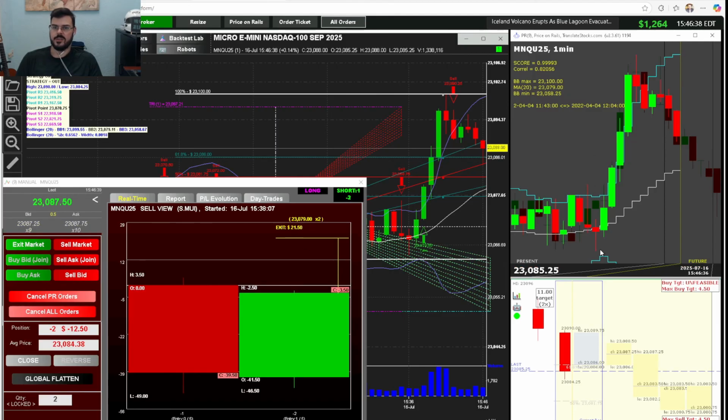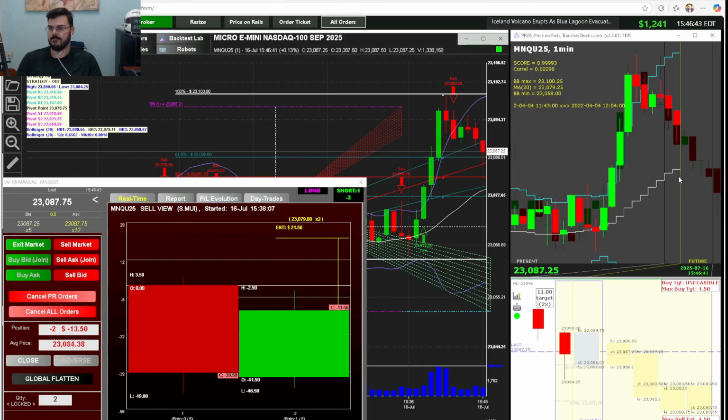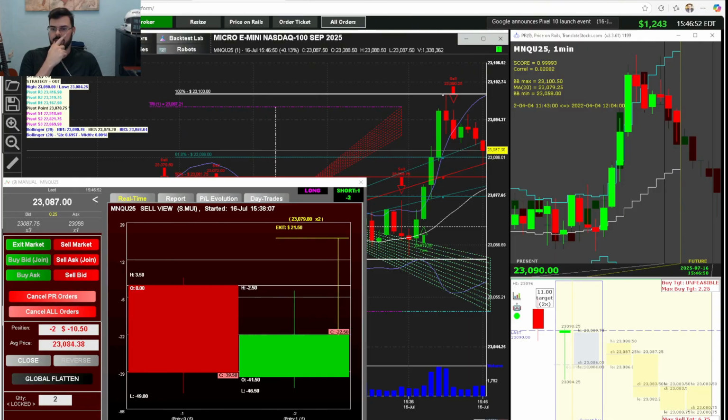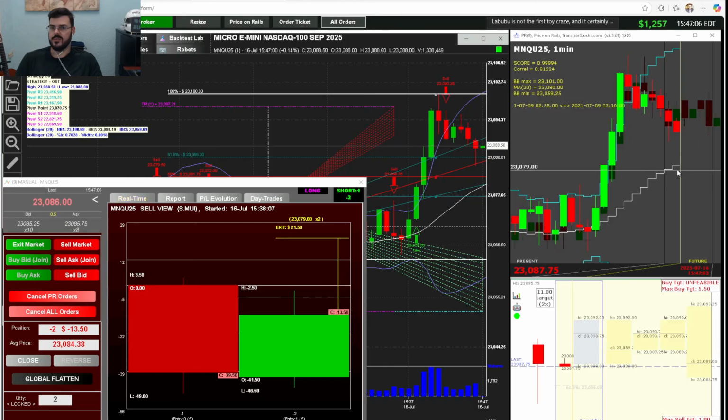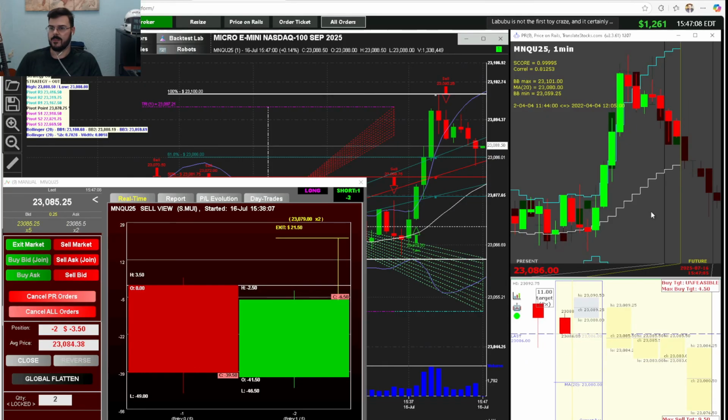Our exit order is exactly on the SMA 20. The projection is still showing that we could go to the 79. Take a look at this here. 79 is really the projection.